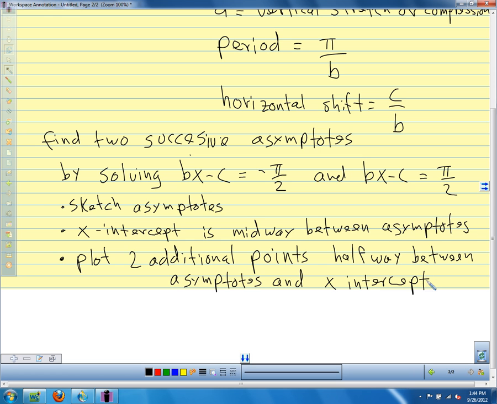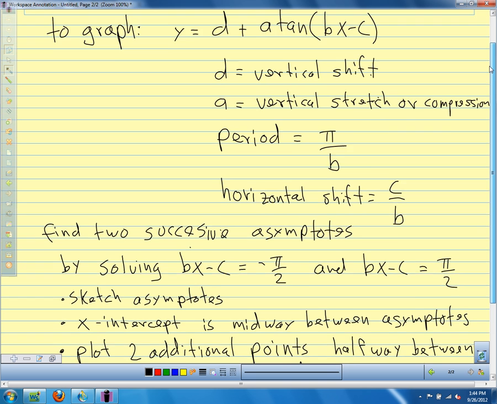And the reason I pick those points is that if I pick the point halfway between the asymptote and the intercept, we're going to get our function at those points y equals plus or minus a. And that a is this number here.